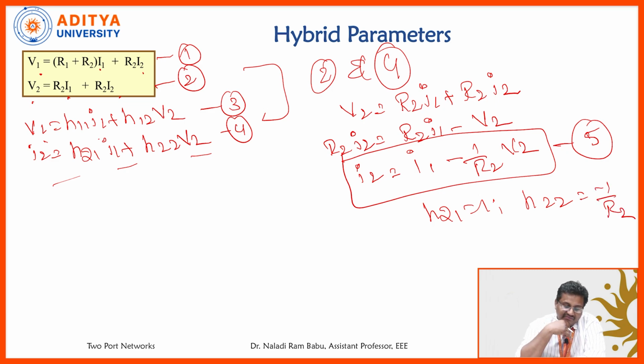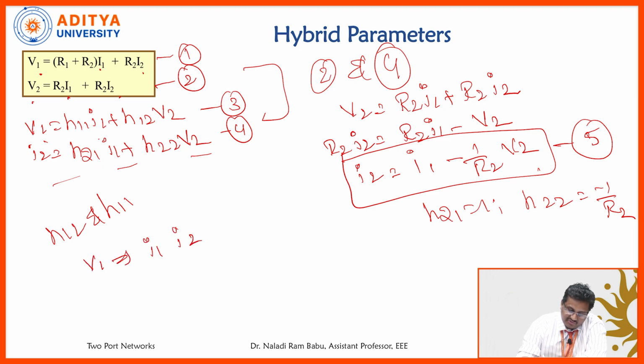Now, we need to calculate the values of H12 and H11. For this, we need to substitute this I2 value in equation 1. Equation 1 is in terms of V1, I1 and I2. If I substitute this I2 value in equation 1, you will be getting an expression in terms of I1 and V2.